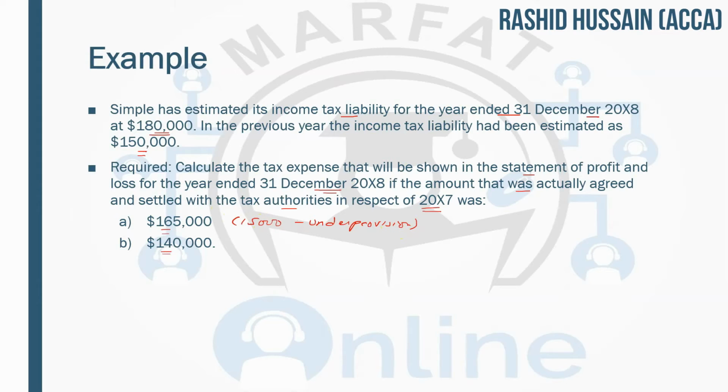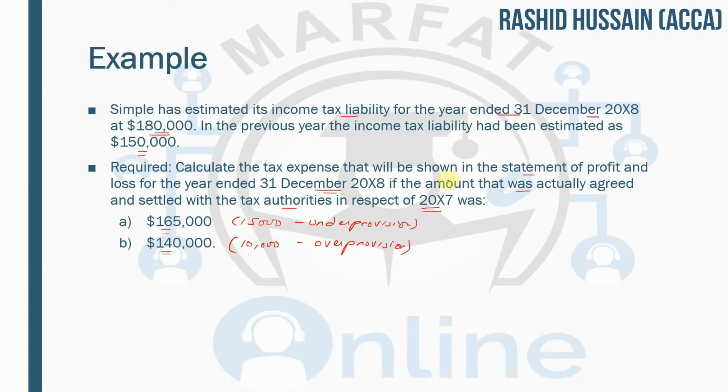That means this 15,000 will be added to 1,80,000. In the second case, if the actual tax is 1,40,000, then this will represent 10,000 as over provision. And remember, over provision will decrease the current year tax charge. That means you have to reduce this amount from 1,80,000.